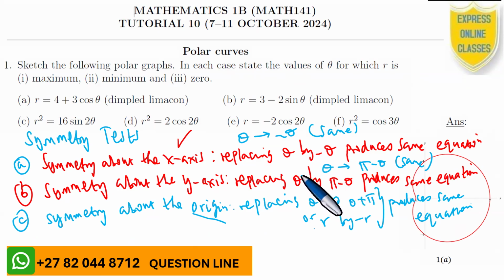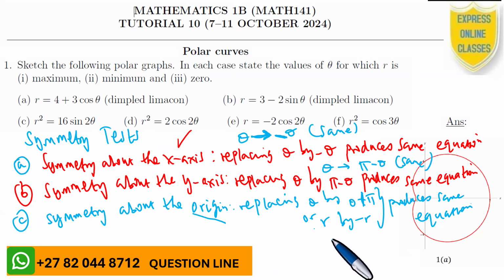But if you replace theta by pi minus theta, it produces the same equation. Replacing theta by theta plus pi produces the same equation in r by negative theta.